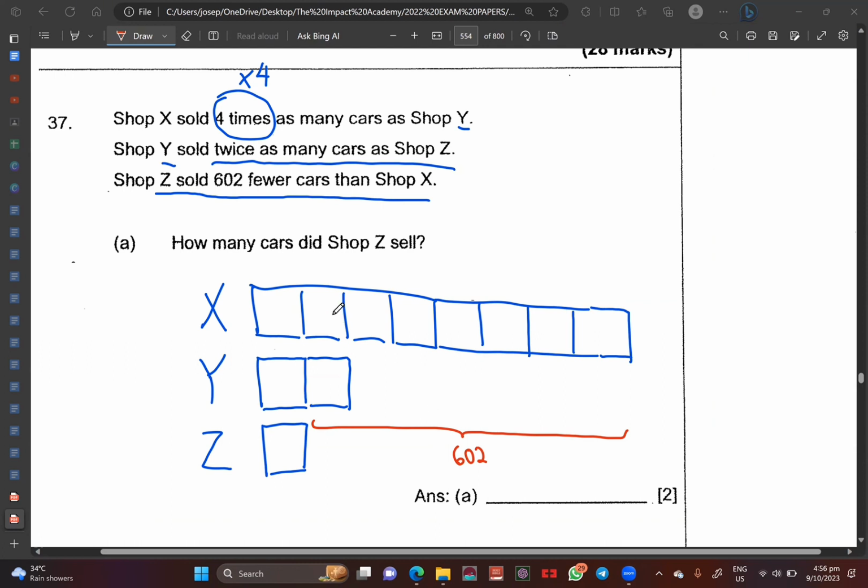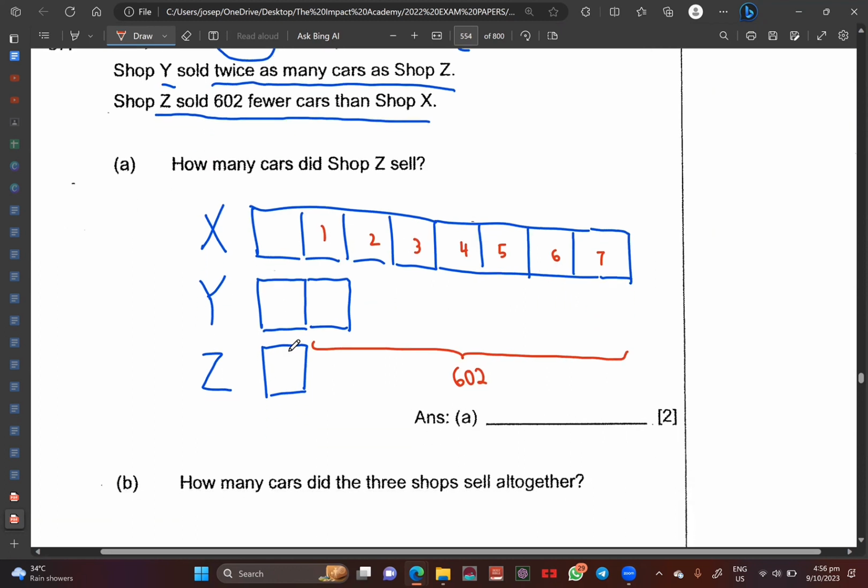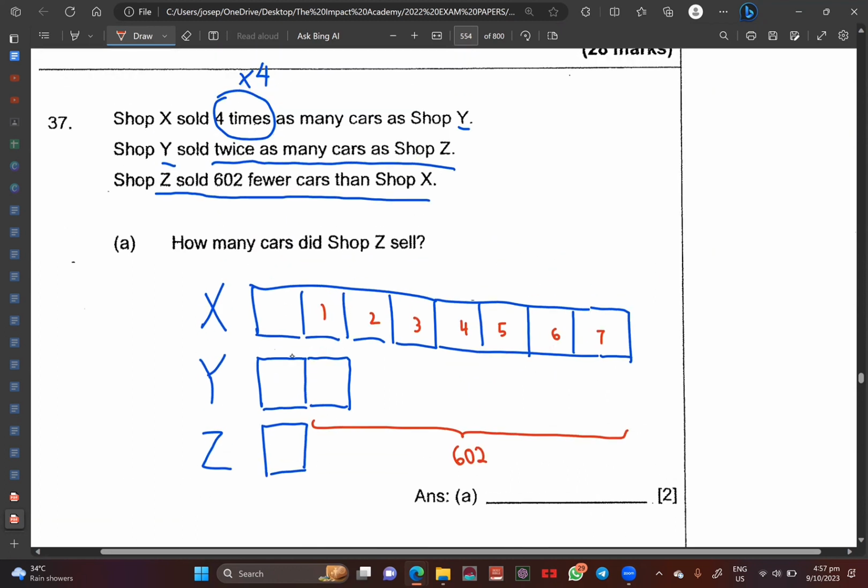Let's count together. 1, 2, 3, 4, 5, 6, 7. You agree so far? Yeah. So we can confidently say that 7 units is actually equal to 602. Am I making sense here?